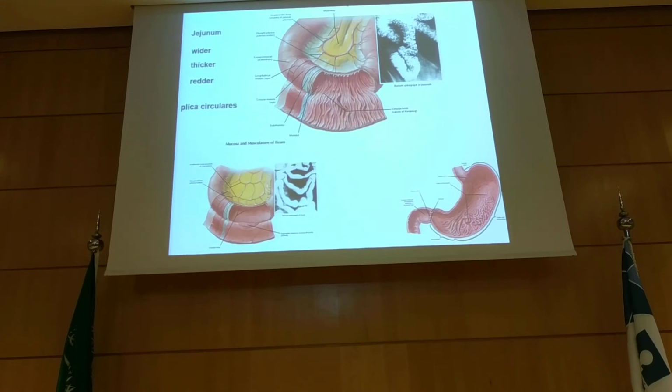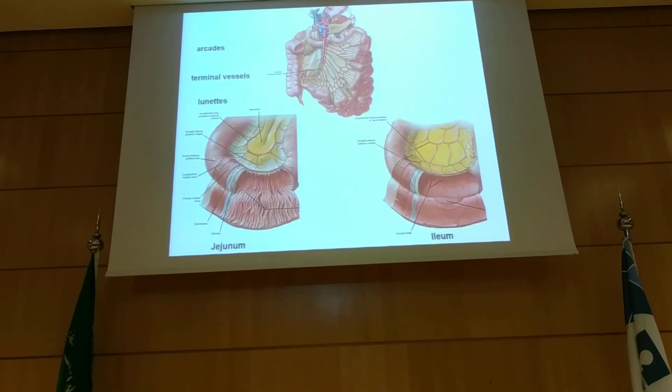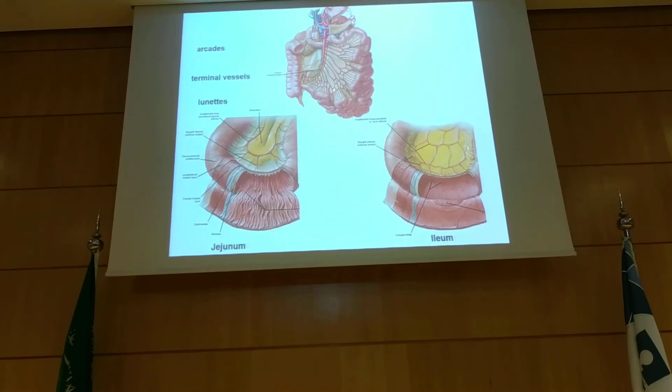So it is thicker and redder than the ileum. Number two, now this is the mesentery of the small intestine. Between the two layers of the mesentery we have the blood vessels. These are branches of the superior mesenteric artery.